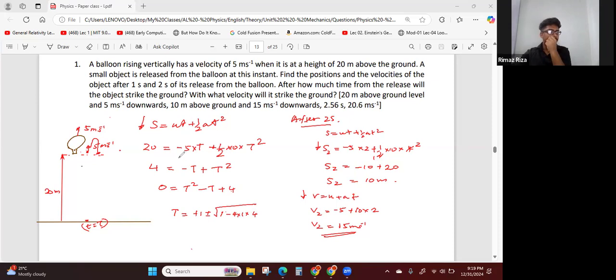Something went wrong. 20 equals minus 5t plus half into 10 into t squared. So here, dividing by 5, 4 minus 1, 2, and then 2 divided by 2 is 1.